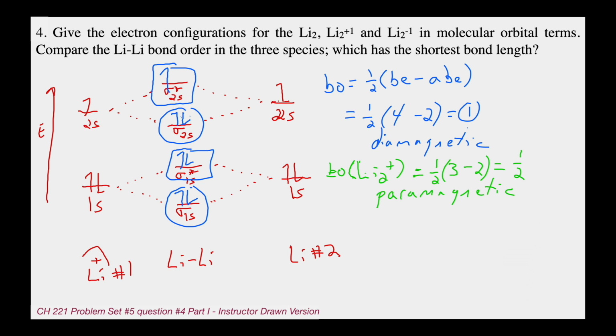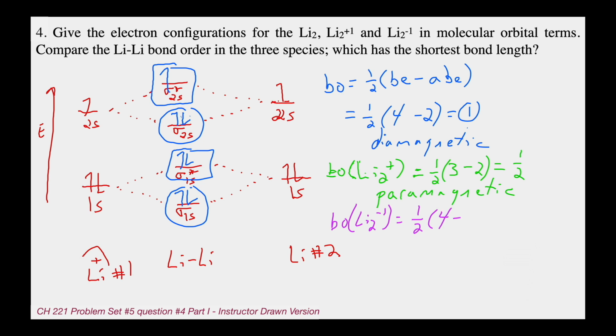So if we wanted to find the bond order of Li2 negative 1, once again, 1/2 bonding minus anti-bonding. In Li2 minus, we have 2 sigma 1s and 2 sigma 2s, 4 bonding electrons.